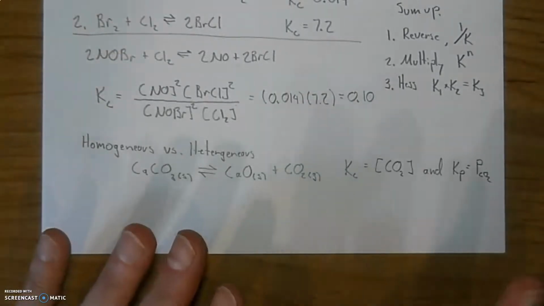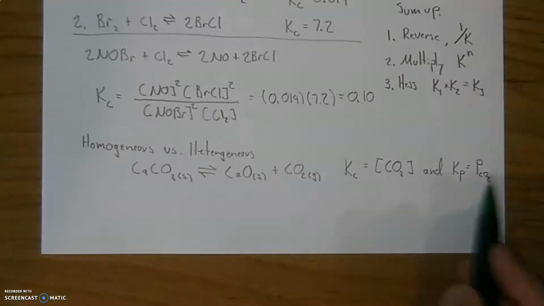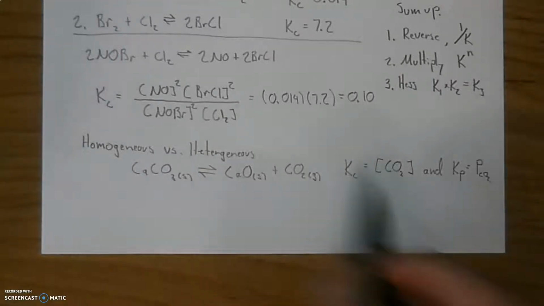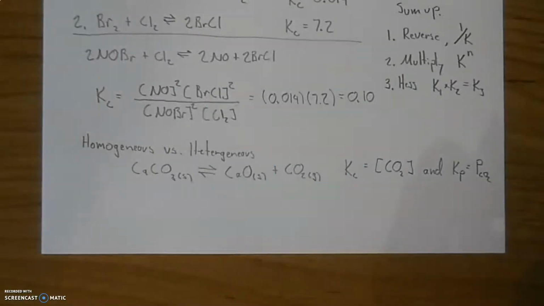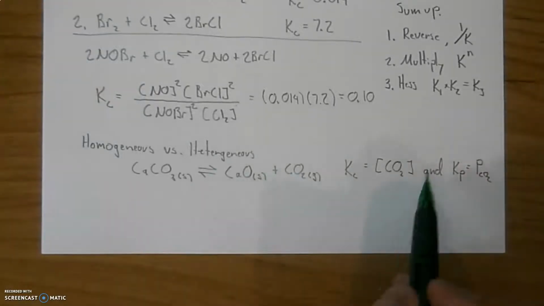Either one, different values, but either one would work for this. So concentration in moles per liter or atmospheres of pressure. And of course, we showed earlier how we could transfer it back and forth between those two things. But the solids are not included in the equilibrium expression.